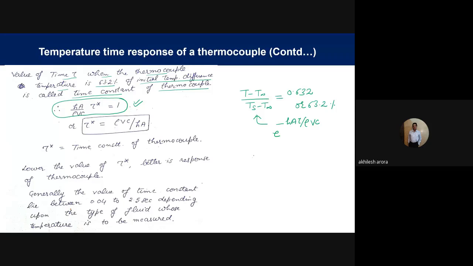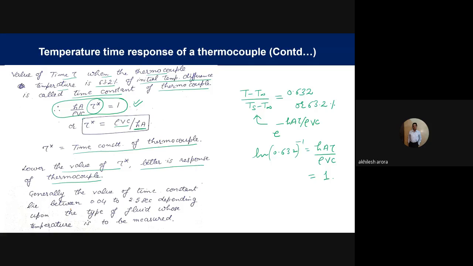So when I take the log of 0.632, with a negative sign, with the power raised to minus 1, the value of HA tau over rho VC comes out to be 1. So the time which we are calculating from here is given the name time constant, or tau star. And so this tau star value comes out to be rho VC upon HA. So tau star is the time constant of the thermocouple. Lower the value of tau star, better is the response of the thermocouple.